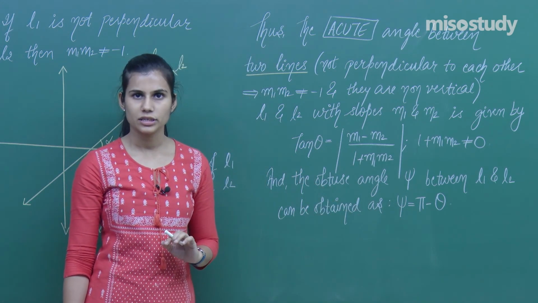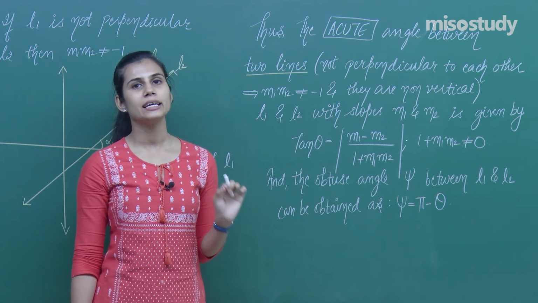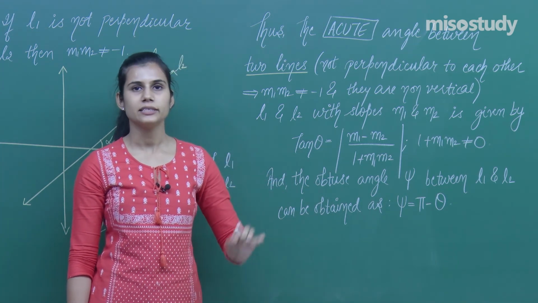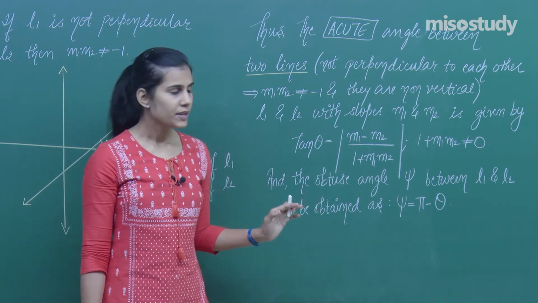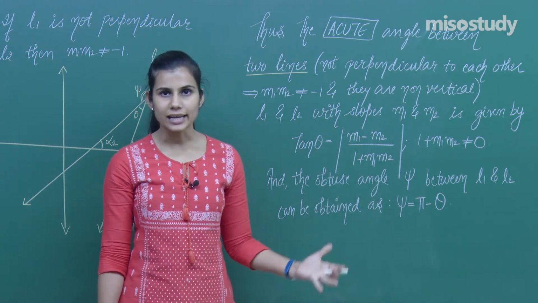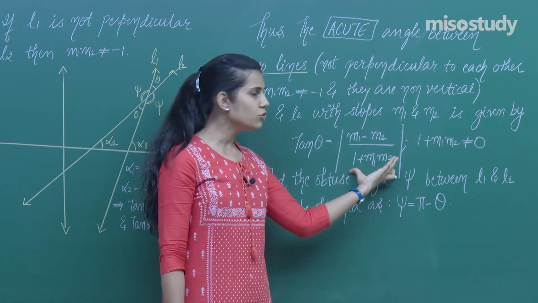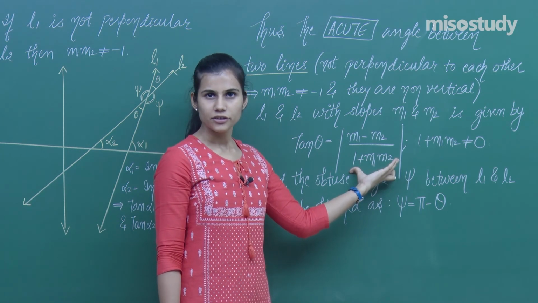Is it understood? So this happens to be the entire concept related to the angle between the two lines L1 and L2. Please get this very, very clear. If you are given the slopes of the two lines and you need to compute the angle, compute the absolute value of M1 minus M2 upon 1 plus M1 M2, absolute value, right?